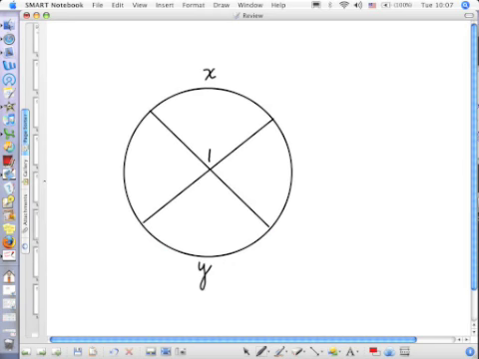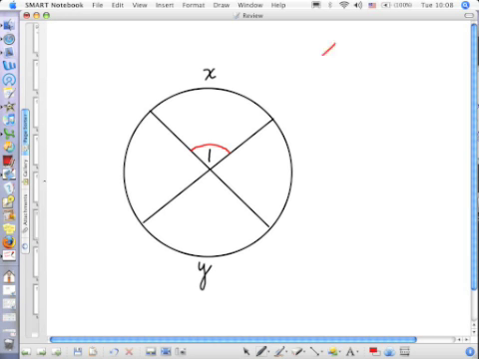Okay, and then we had chords intersecting inside a circle forming angle measures. If I was looking for or asking for the relationship between angle 1 and arc X and arc Y, what would you tell me? This is not necessarily on the center of the circle. Okay?